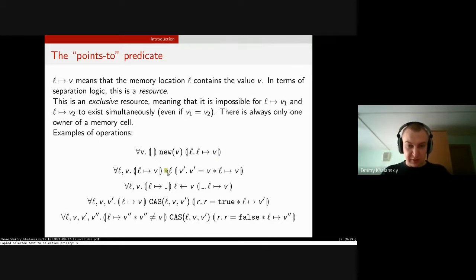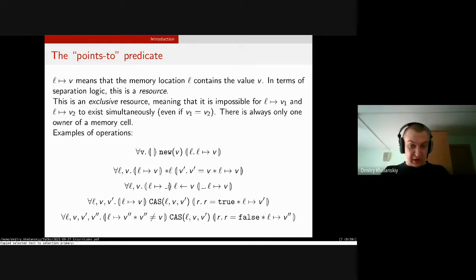Here I use this star as the dereferencing operator. So if someone owns the knowledge that L points to v, then reading from L returns that v, and also gives back the ownership, because we can read a variable more than once.